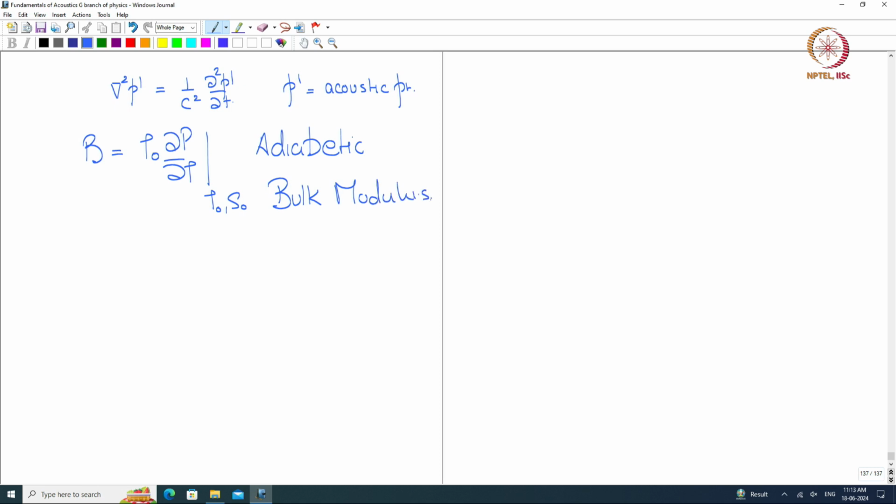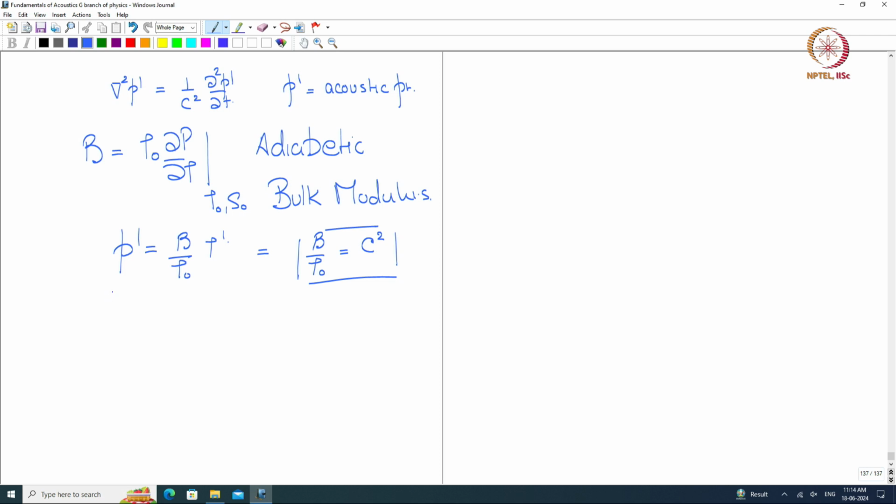Okay. Now what that does is we can write the relation between p dash and rho dash in this form, okay, where B by rho 0 we call it c square, the square of speed of sound. Okay.